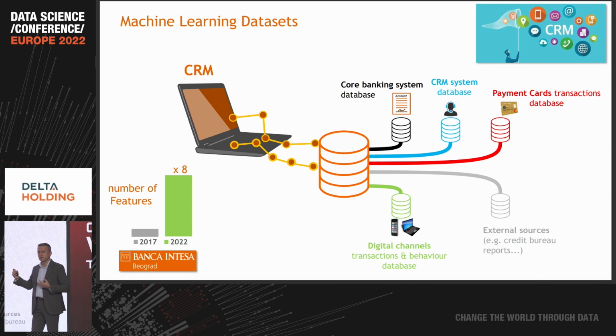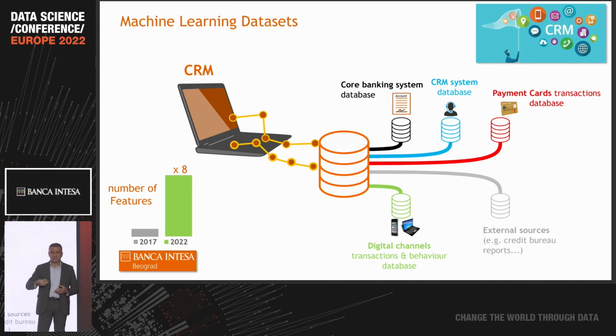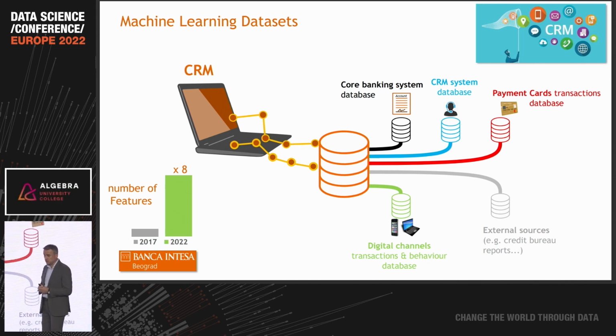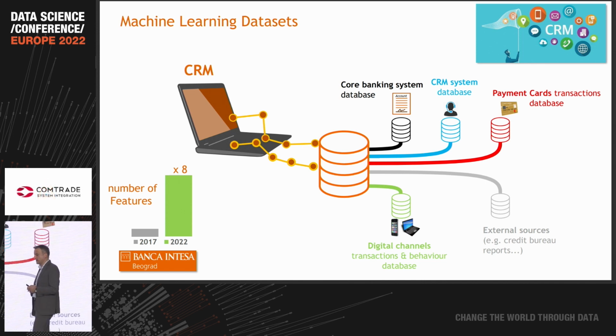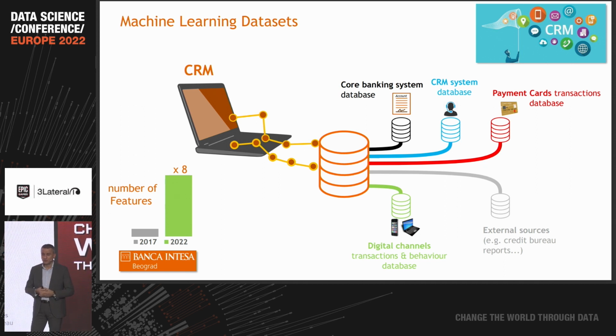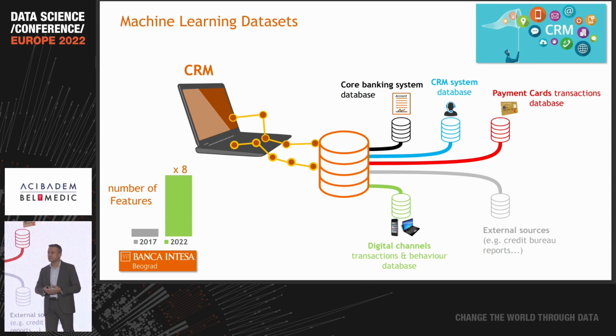You can see here the main sources of the data that we are using: the core banking system, the CRM system itself. We have data from the digital channels, which are basically fundamental and, I would say, more and more important, and they will definitely maybe be the key differentiator in the future with regards to the amount and the quality of this data for future business cases.